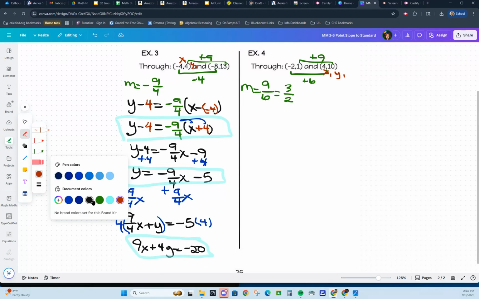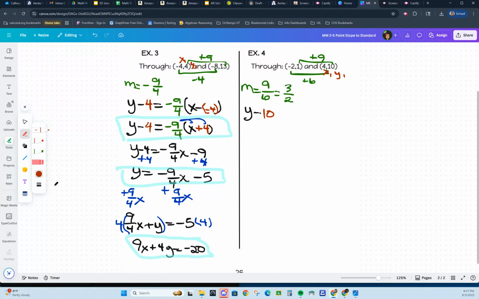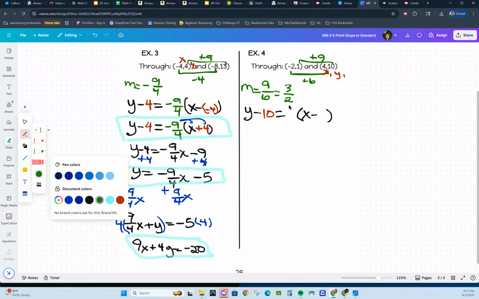Okay, so y minus 10 equals 3/2 times x minus 4. I'm just filling in my slope here and my x1 here. All right, there is our point slope form.